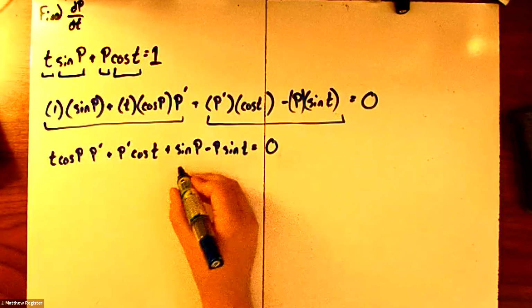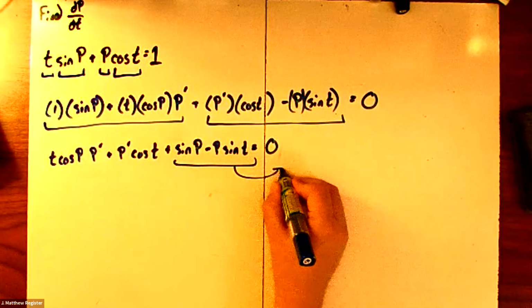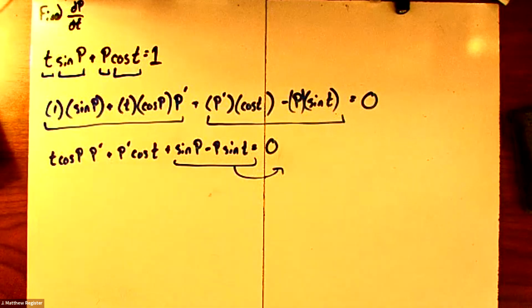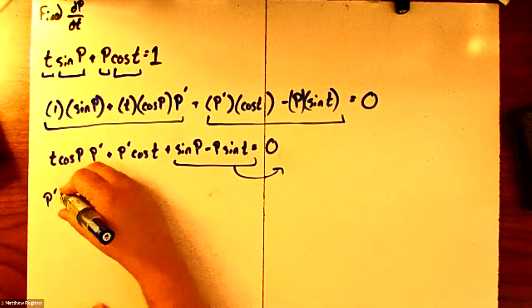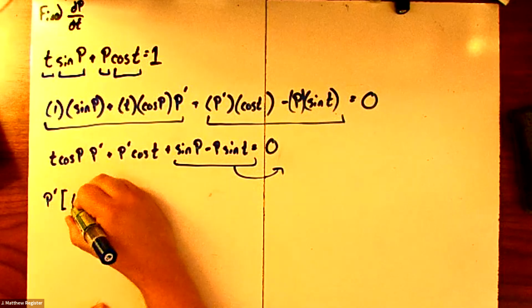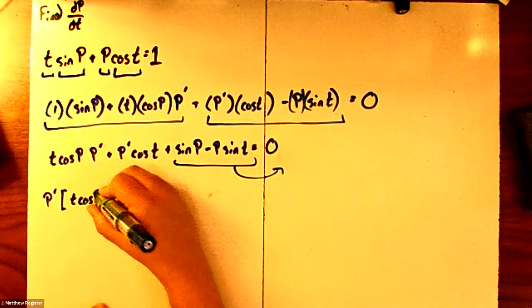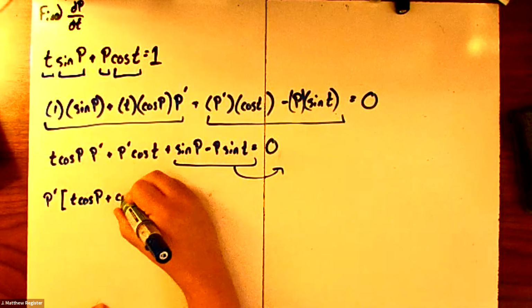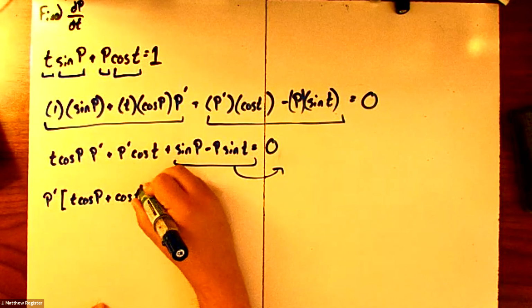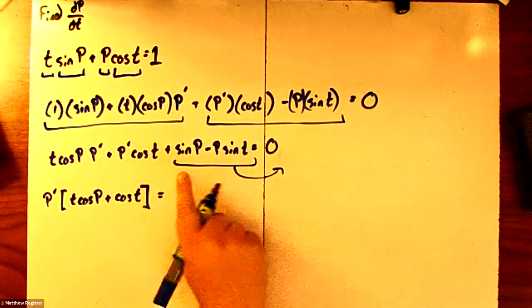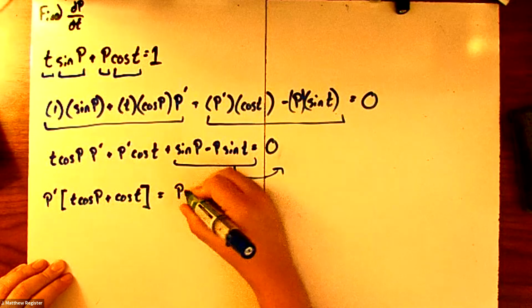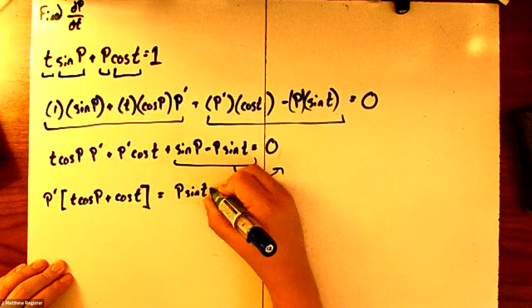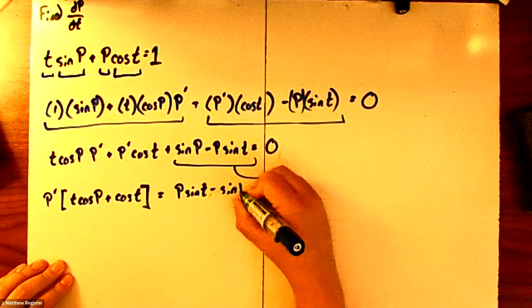which means we're going to need to move these two terms over and then factor out the p prime and divide. So factoring out the p prime, we get p prime times t cosine of p plus cosine of t. And then moving this over, we get a p sine of t minus sine of p.